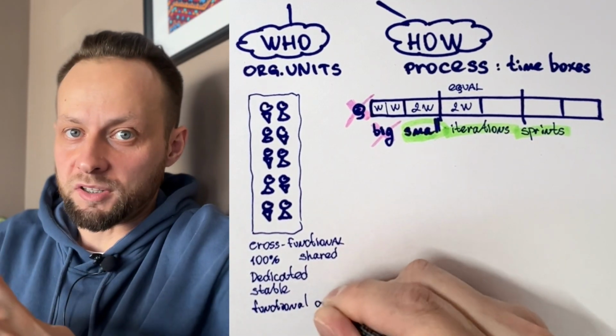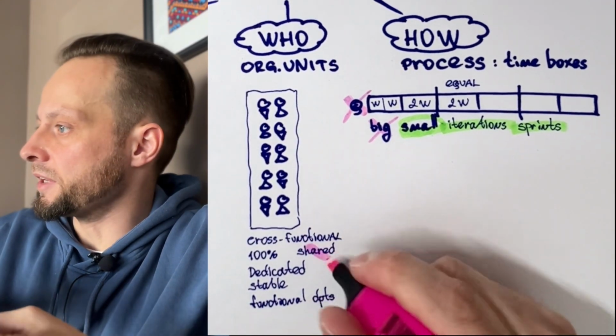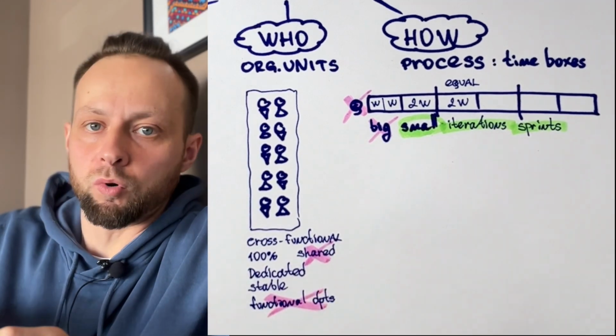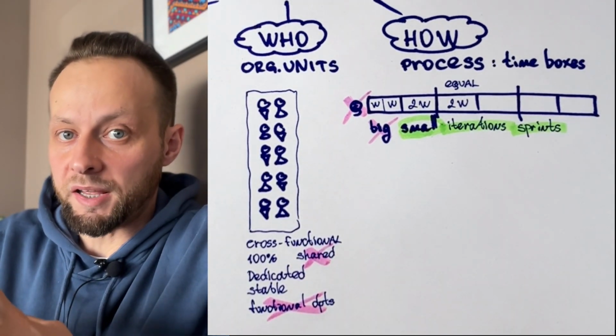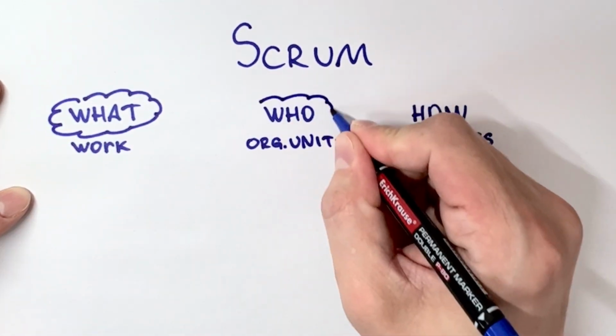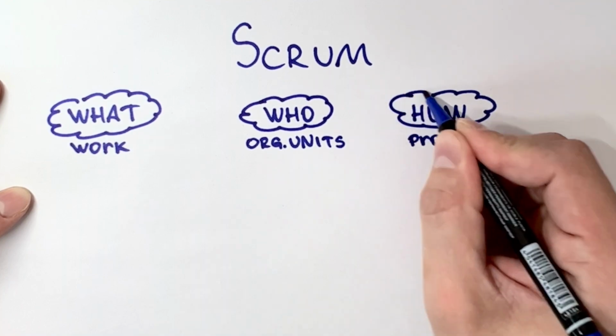For that, we need our teams to be cross-functional, meaning that they need to be able to do as much work as they possibly can, from the idea to the end result, meeting the client, customer, or end user. These are the answers to these three questions: what are we going to do, who is going to do it and how they will be organized, and how they are going to do it in terms of the process.